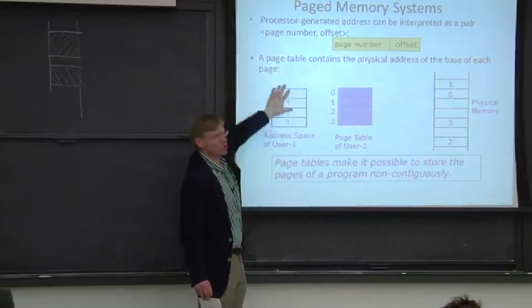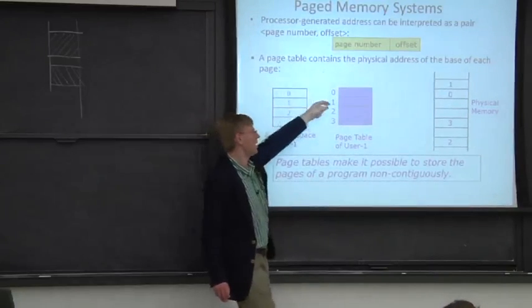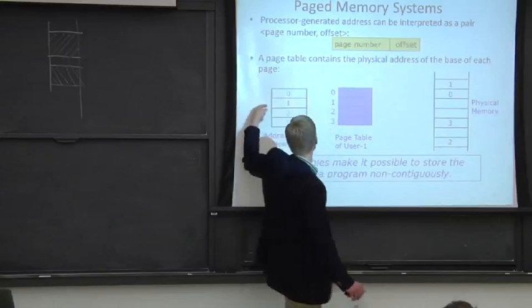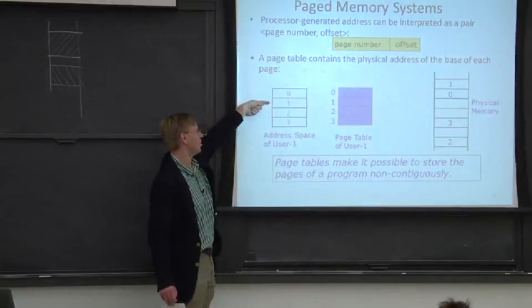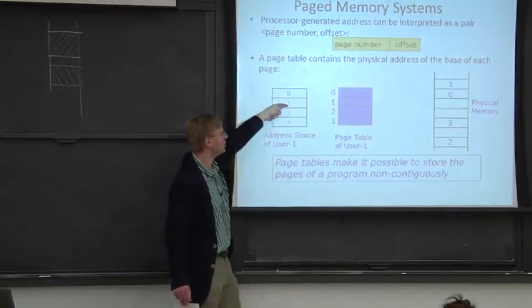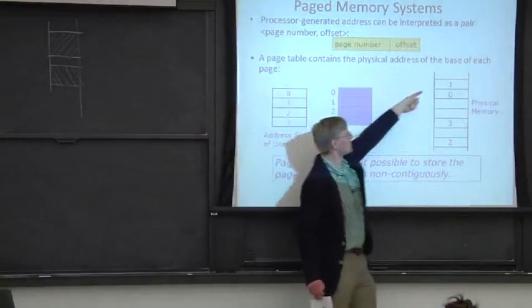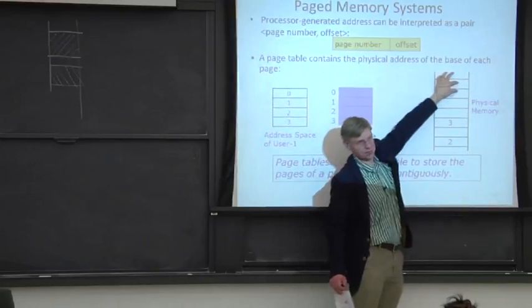But this is a virtual address space. Once we go through the translation, if we access, let's say, address 4,182, we're actually going to get mapped up over here into physical memory.